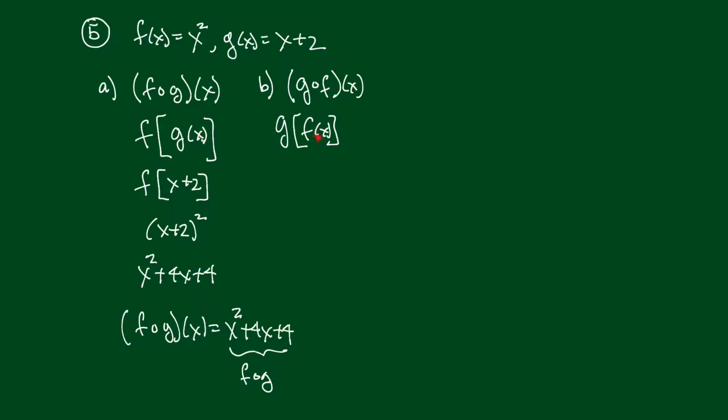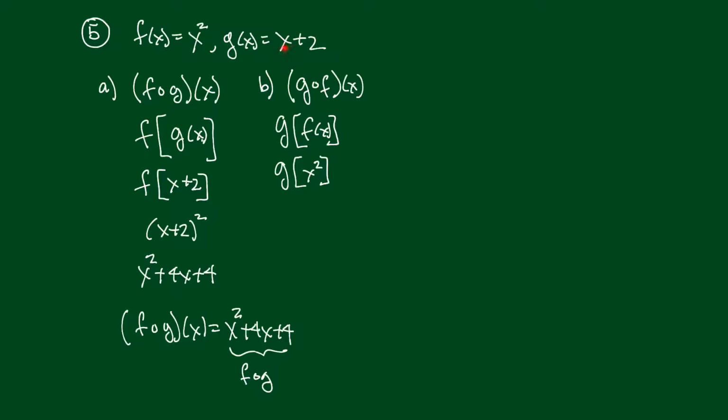So what is f of x? Well, f of x, that's right here. F of x is x squared. So this is g of x squared. Now we have to process the x squared, but we process it according to the g rule. So you locate g right here. Everywhere you see an x, replace that x with an x squared.